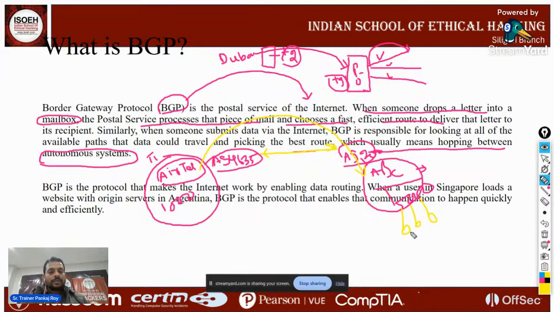So Airtel just takes an IP prefix. An IP prefix means the ABC company has defined multiple network prefixes. Just as an example, a 2.0 prefix, a 3.0 prefix, a 4.0 prefix.